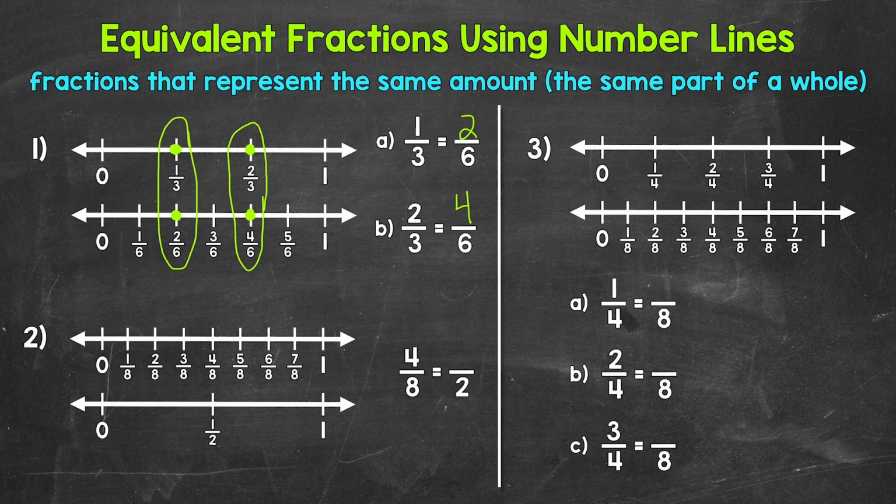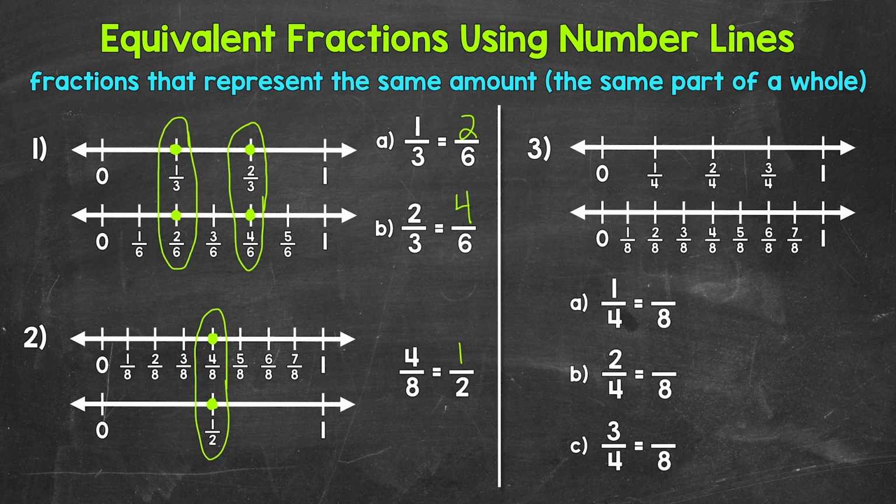The top number line, we have eighths, and then the bottom number line, we have halves. 4/8 is right here. And we can see that 1/2 is at the same place on the number line. These are equivalent fractions. 4/8 and 1/2 are equivalent fractions.